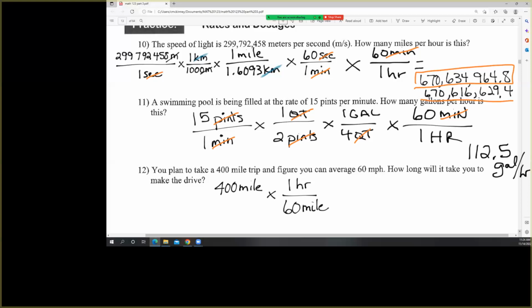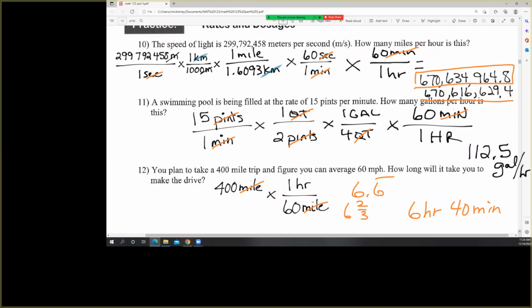I can flip it over if that's what gets rid of what I want to get rid of. Then my miles cancel, and I am dividing, which gives me 6.6 repeating, or 6 2/3. If I wanted to be really exact, this is 6 hours and 40 minutes.